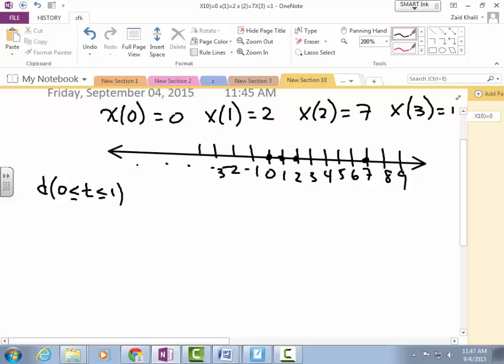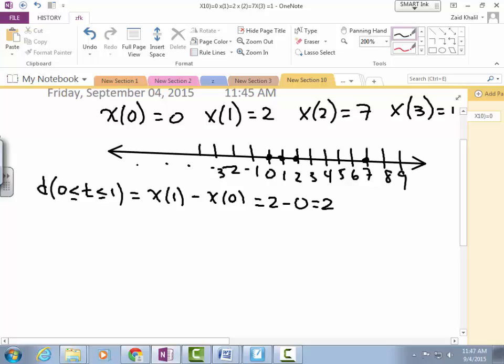It's equal to x of 1 minus x of 0, and that's equal to 2.